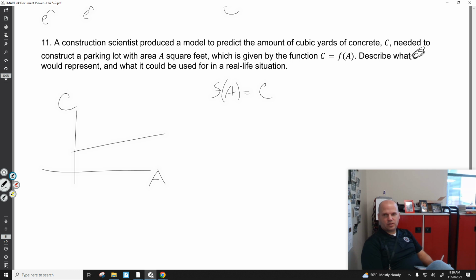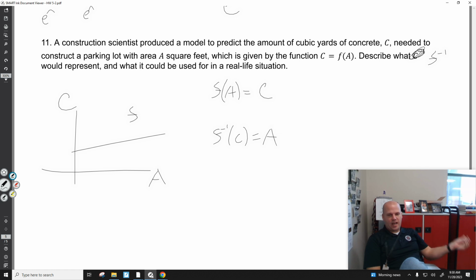I think we wanted to say, what is F inverse? This is F. What is F inverse? F inverse of C would produce A. So this is what would happen.